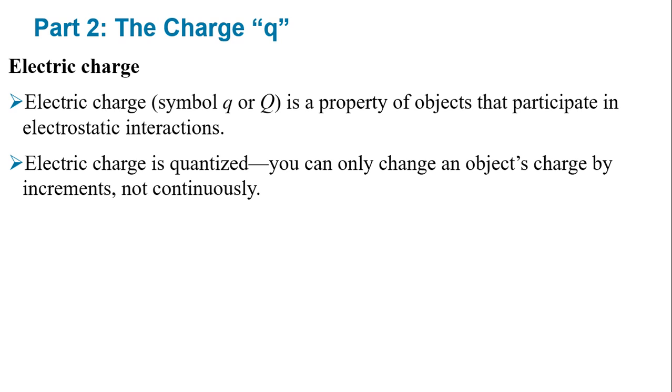Electric charge is quantized. I think I spelled that right. Quantized, which basically means you have a numerical value to it. You can only change an object's charge by increments, not continuously. And that's important to understand. So if I'm going to pay you $5 an hour, and that's all I'm going to pay you, I'm not going to pay you in increments, only $5 an hour. And you want to end up getting $12 an hour.